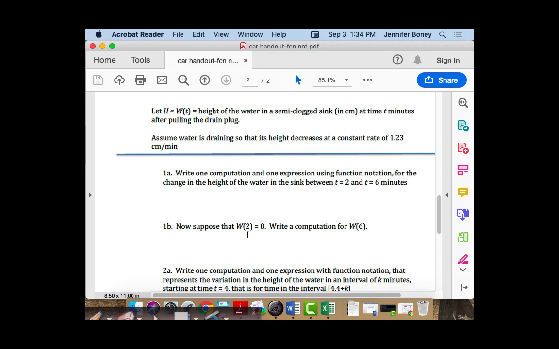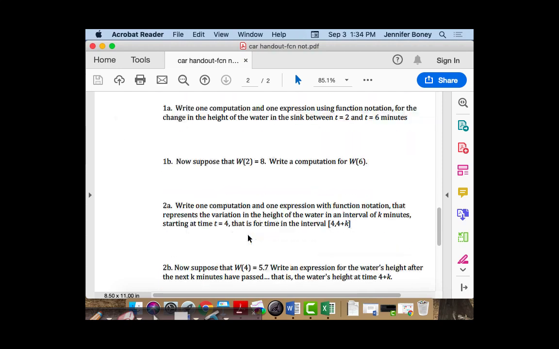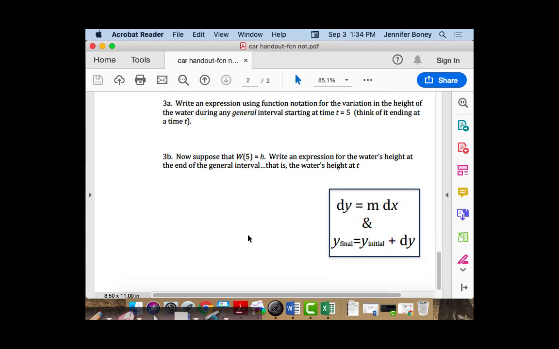So if we're noting things, on the bottom of your sheet, which you can't see in mine, you have these notes in squares, our constant rate of change relationships that are key to everything that we're doing. dy equals m dx. Changes in our dependent variable are a constant multiple of changes, variations, incremental additions or subtractions, however it might be occurring.